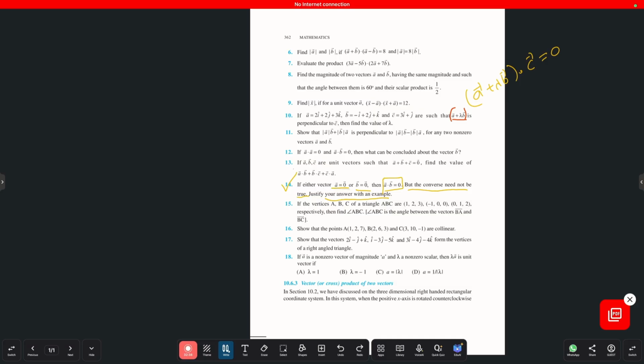Correct now? So we have to look for an example in which vector A is a non-zero vector, vector B is a non-zero vector, and A dot B is coming 0. Yesterday we did A perpendicular to B, A perpendicular to C, B perpendicular to C. We can give some examples. Let vector A and vector B, I need just dot product 0.